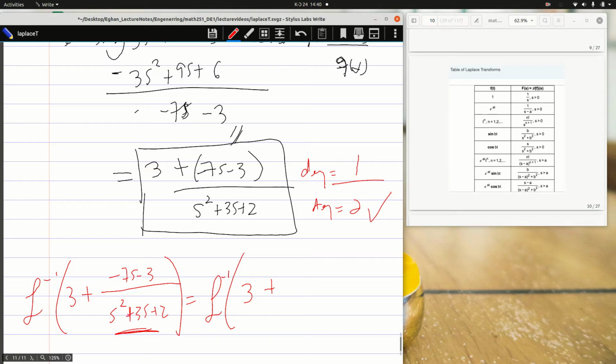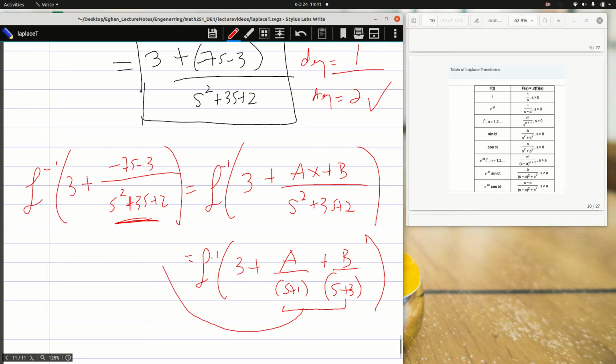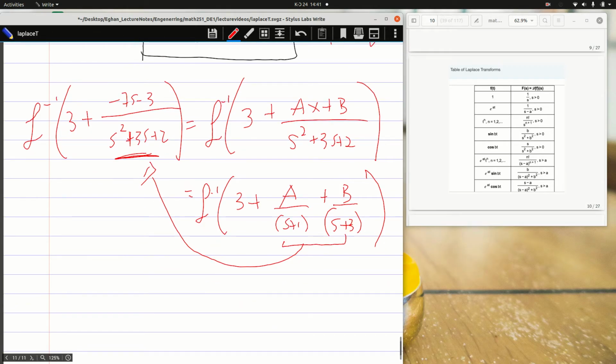Either you use the form ax plus b over whatever you have here, or I can have the linear form as a over s plus 1 and then b over s plus 3. It means that these two things should give me this quadratic, which is true. Either way you solve, it is still solving for a and b, but I prefer the linear approach. It is easier to solve in that state.